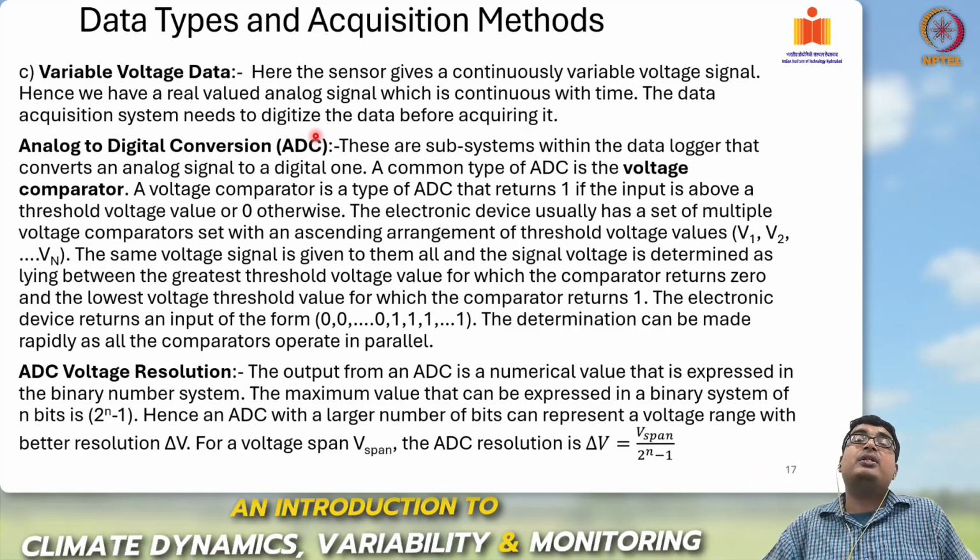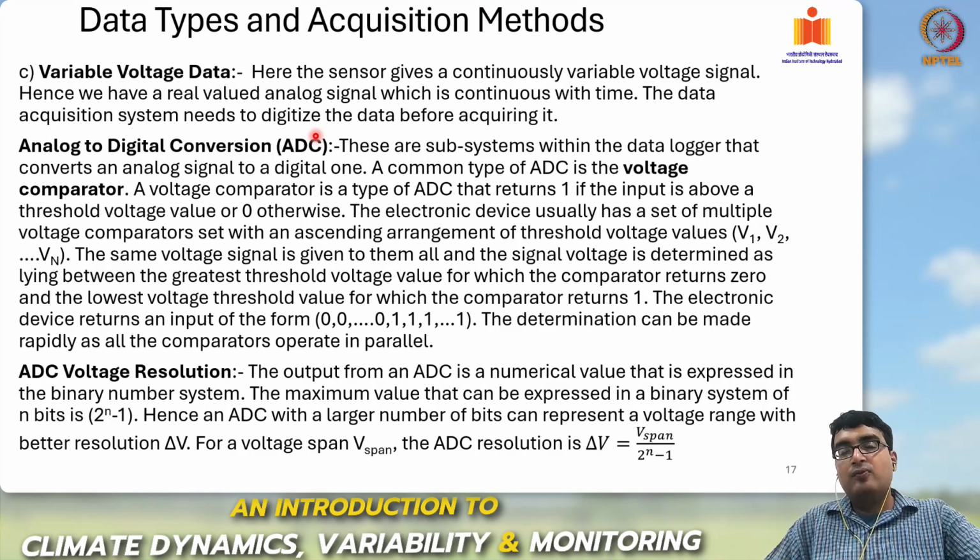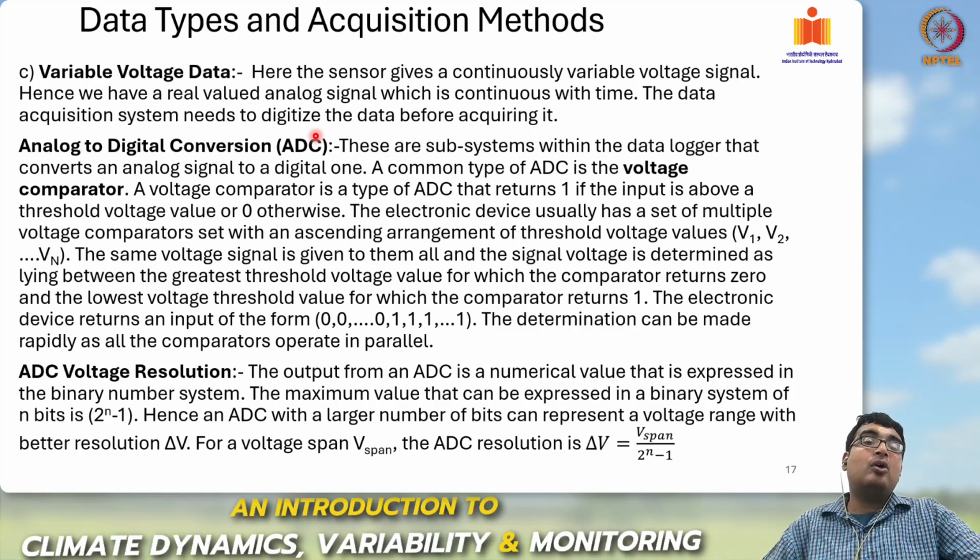And the data acquisition system needs to digitize the data before acquiring it. Because it gives you an analog voltage signal, we need to digitize it before we can acquire and store it. And for that, we need an analog to digital conversion system, an ADC, or analog to digital converter, as it's often called.